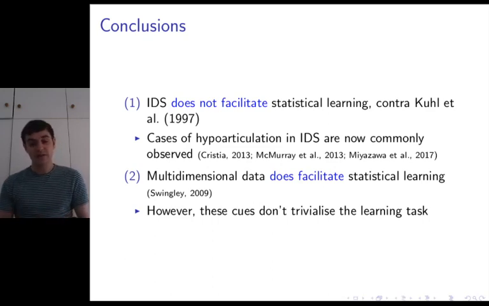What I did find support for in using these models was this idea that multi-dimensional acoustic data does facilitate statistical learning. However, I would say don't misinterpret this finding as evidence that if you use enough acoustic dimensions, the task becomes trivial and relevant native language categories just pop out of the data.